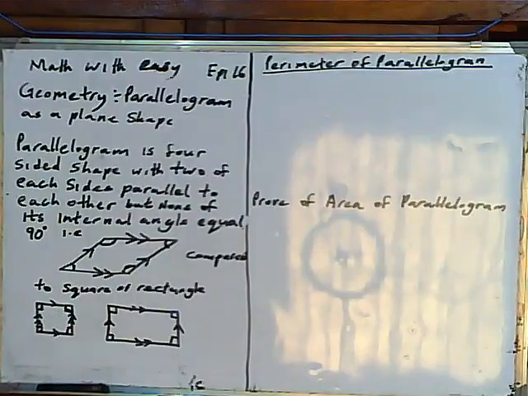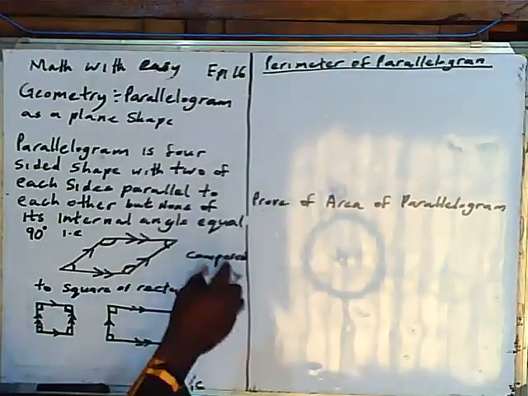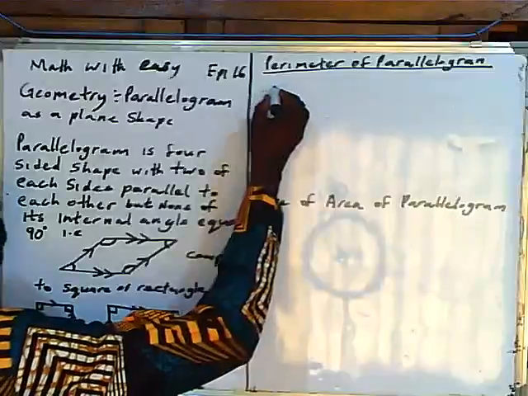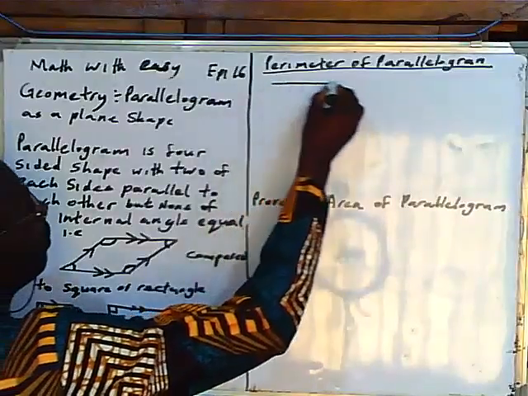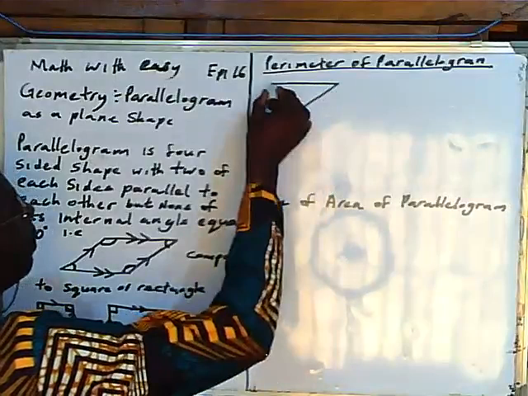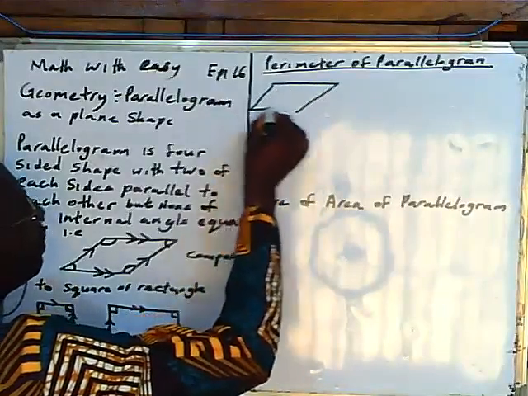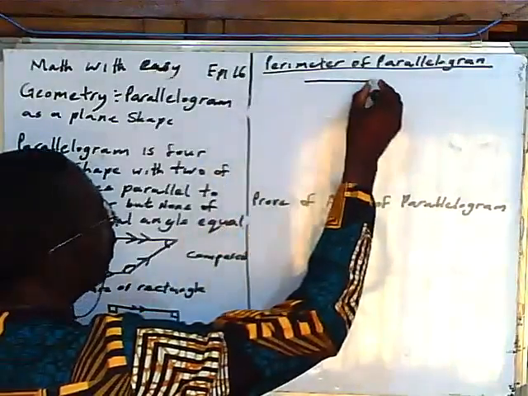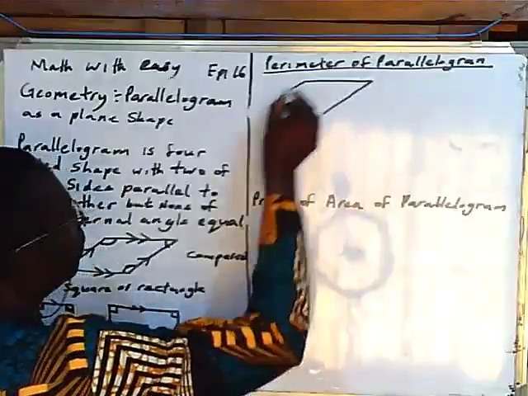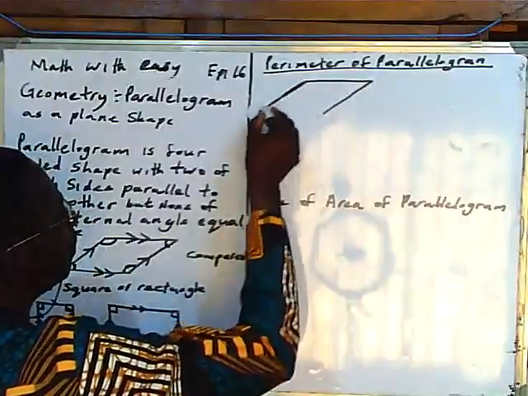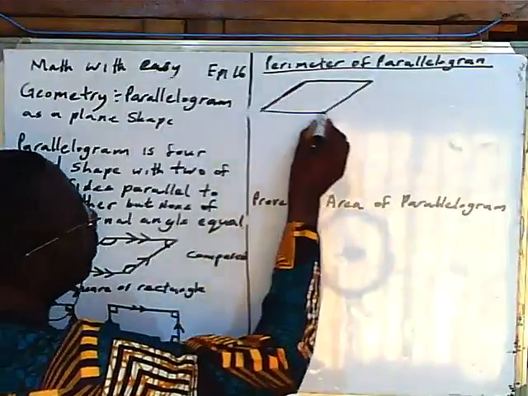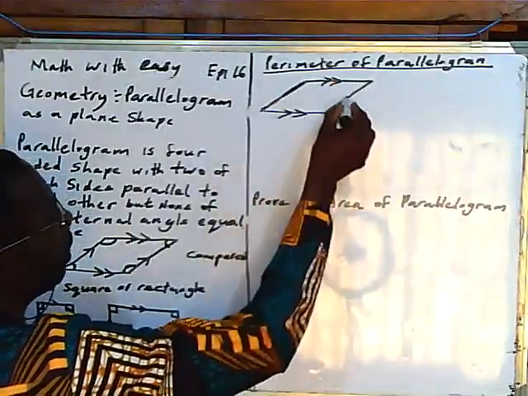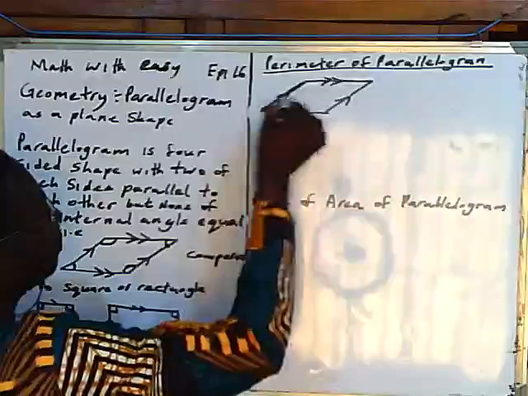Now let us look at the perimeter of a parallelogram. If you have a parallelogram in this manner, let's assume that this one is parallel to this and this is parallel to this.